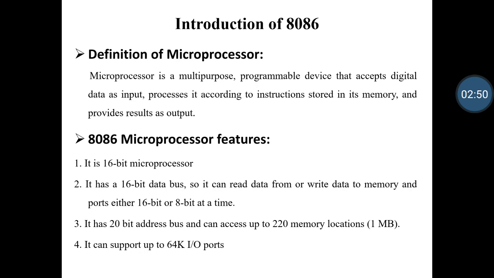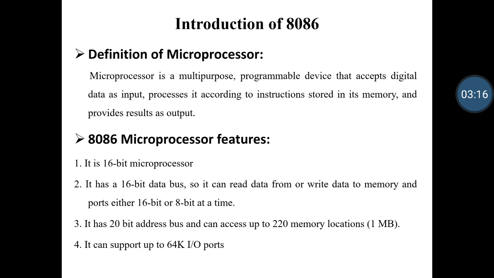The second feature of this processor is that it has a 16-bit data bus. So it can read data from or write data to memory and ports, either 16-bit or 8-bit data at a time. The third feature of 8086 is that it has a 20-bit address bus.